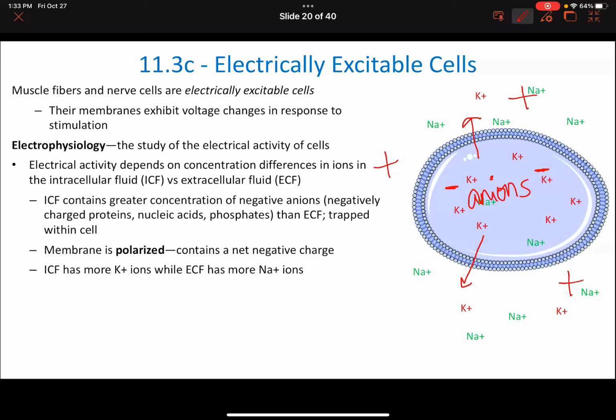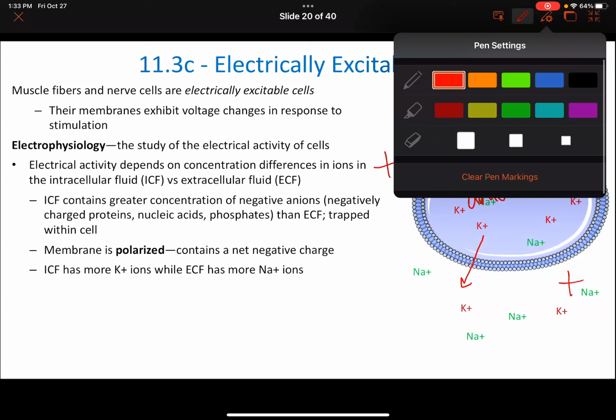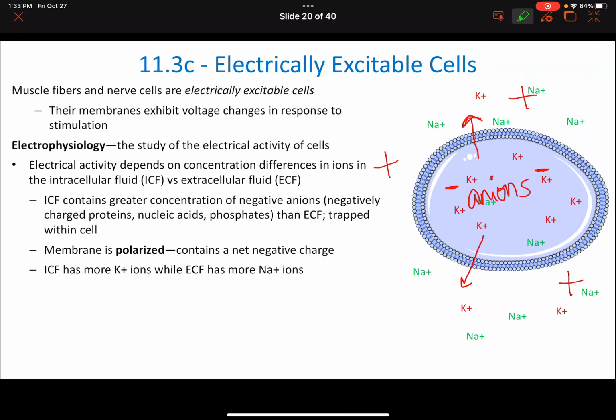Remember, molecules want to be in equal concentration. So potassium wants to even itself out. There's more of them inside the cell than outside, and so they want to leave. So the concentration gradient, or the driving force, is making potassium want to leave. But this is a semipermeable membrane. They can't just walk out the door. Now, on the other side of this, we've got sodium.